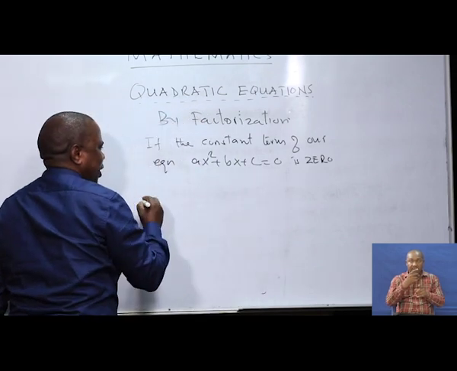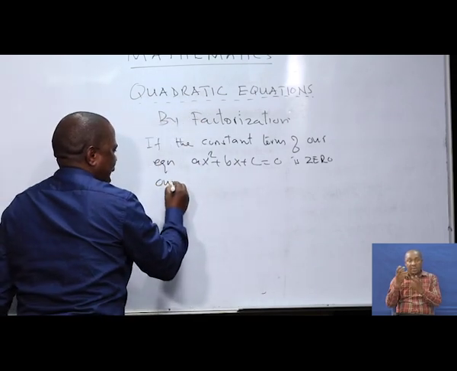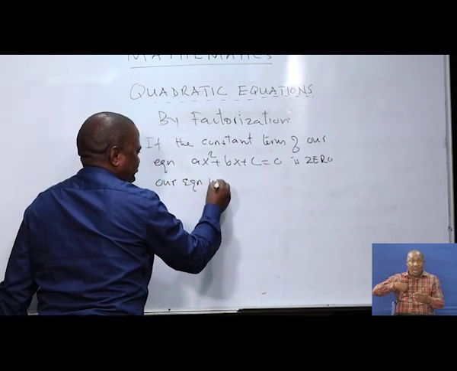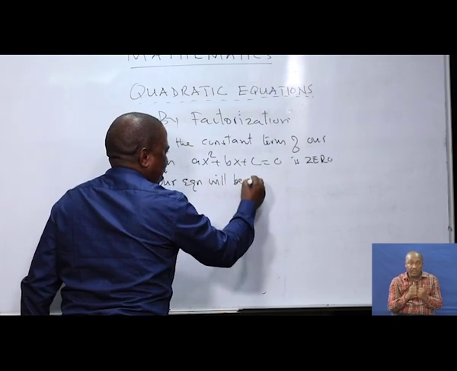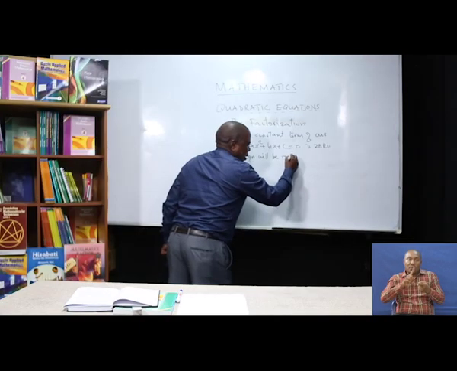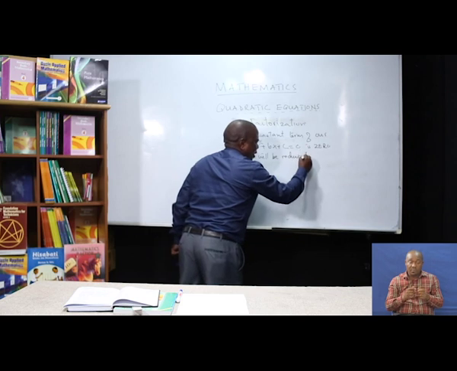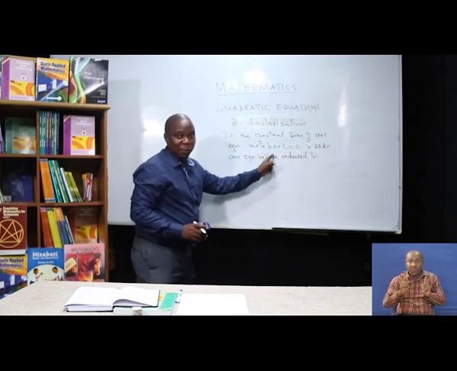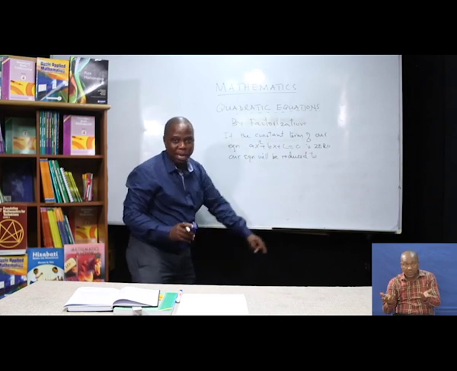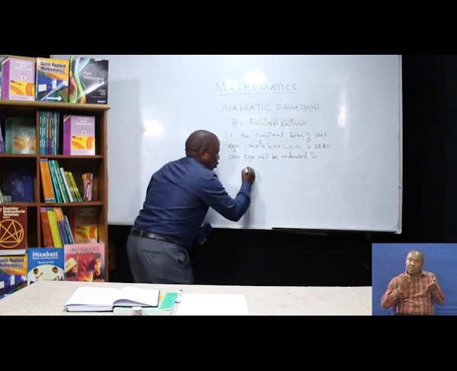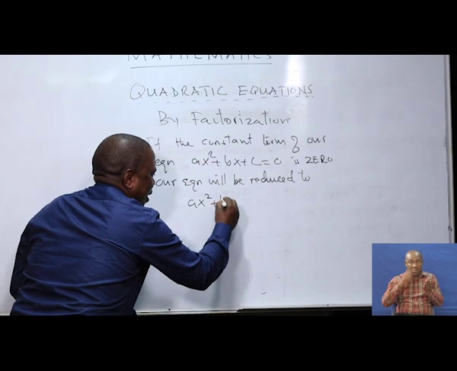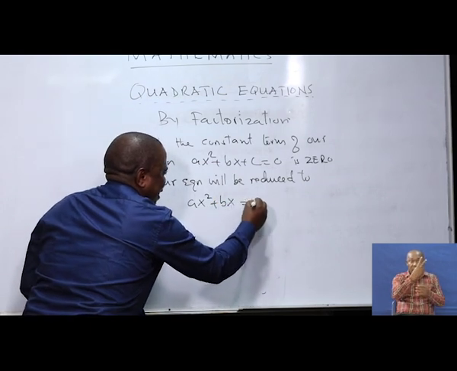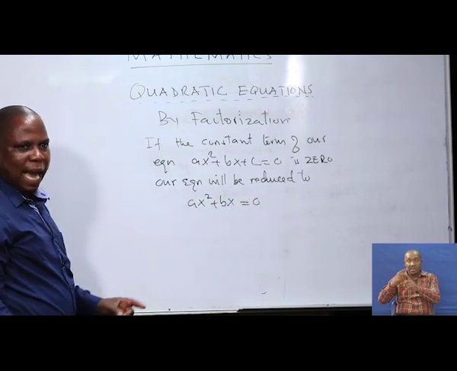that means our equation will be reduced, because we don't have the constant now, since it is 0. So our equation now will be reduced to what? ax squared plus bx is equal to 0. I need to factorize.